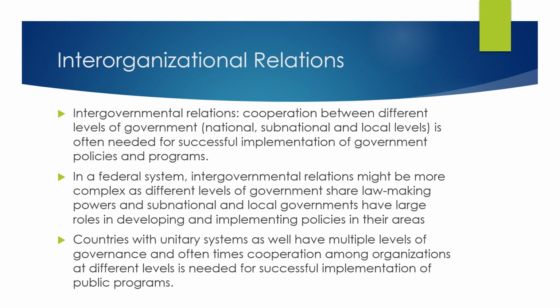Most policies, in order to implement them and to deliver services to citizens, require some cooperation between ministries, for example, at the central government and the departments and public units that operate in the different jurisdictions around the country.